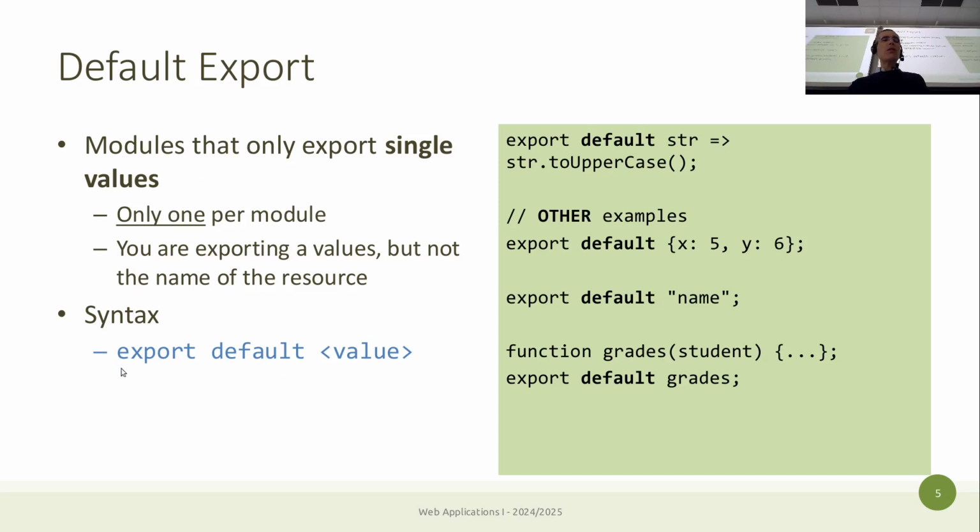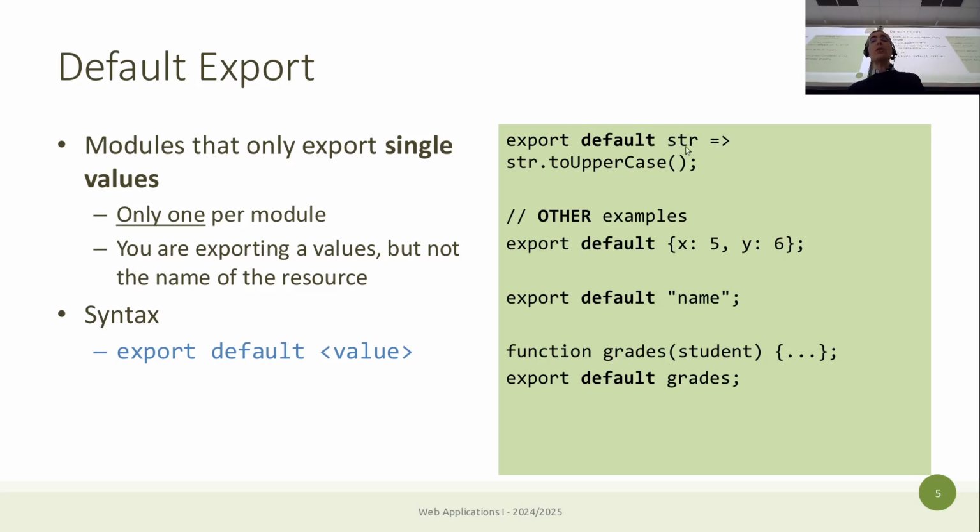So, the syntax for exporting the default value is export default. Okay, very simple. And then you need to put a value, which can be any JavaScript value. So, a string, a number, but more typically, it's an object. So you can export more than one thing at the same time, okay?